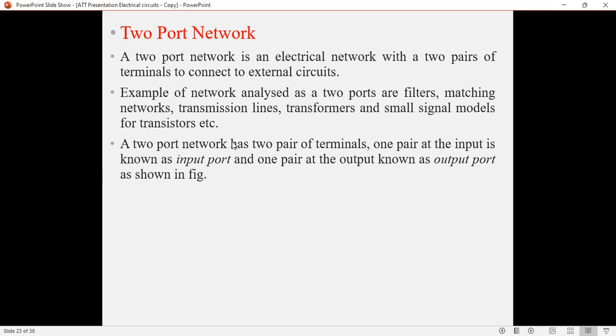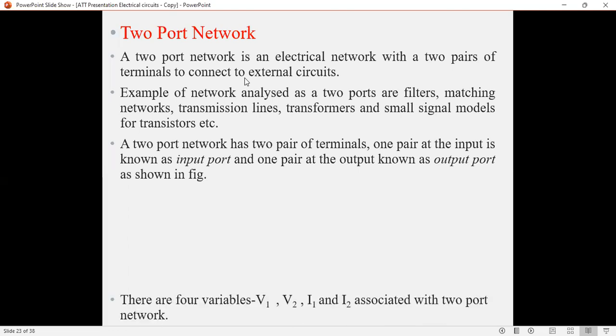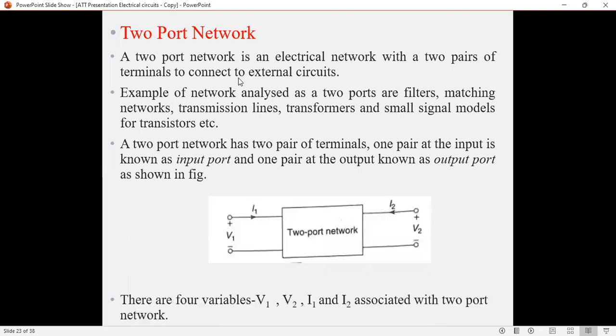A two-port network has 2 pairs of terminals. One pair at the input is known as the input port, and one pair at the output is known as the output port. It is shown in this figure. See here, this is the input port, or 2 pairs of terminals.